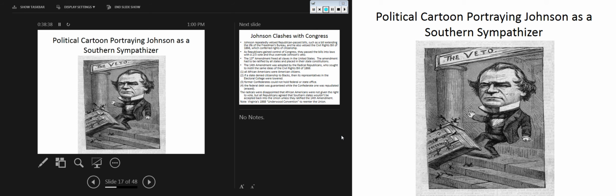All right. So this is an interesting cartoon that I wanted to pull, just highlighting the racism of Johnson. It shows the veto power. This is one of Johnson's vetoes, and it's the refunding of the Freedmen's Bureau. Now, do keep in mind the Freedmen's Bureau does not make it all the way to the end of Reconstruction, but in this particular case, his veto of refunding it is going to be overridden.